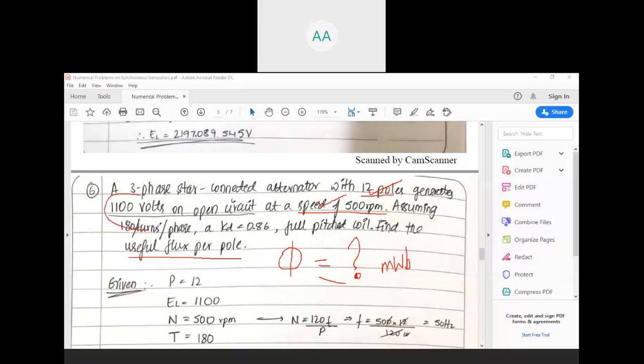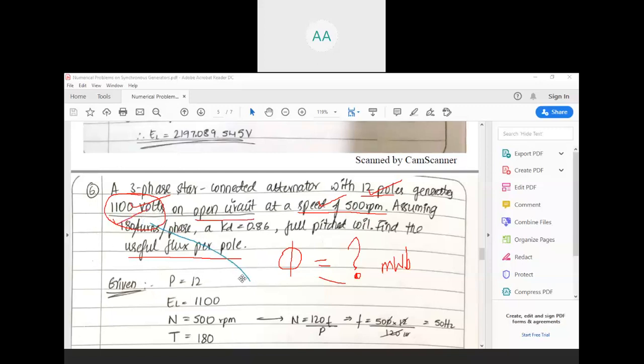Now there is one more thing you need to understand here. You have 1100 volts on open circuit. Always remember, this voltage is the line voltage. Let me write it here.